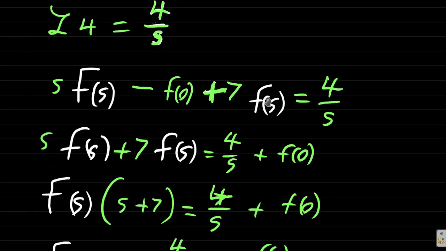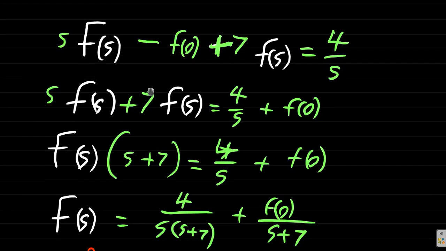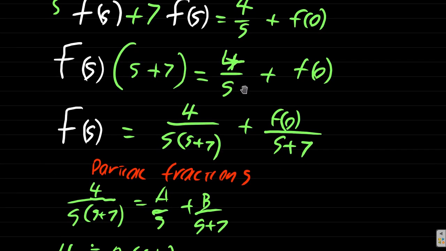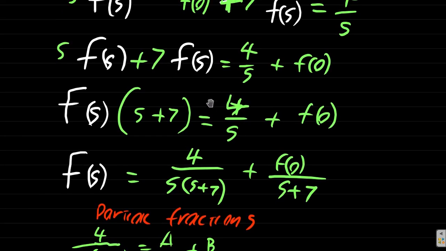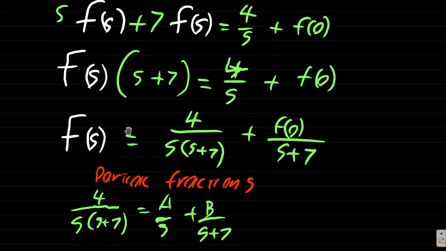And we want to find big F of s, so we transpose. We added f of 0 to both sides and put F of s together outside a bracket. So we had F of s times s plus 7, when we factorize, equal to 4 over s plus f of 0. Then we divide by s plus 7.